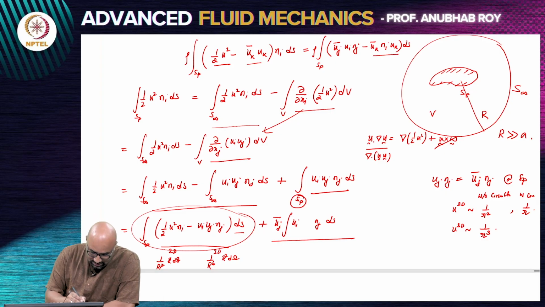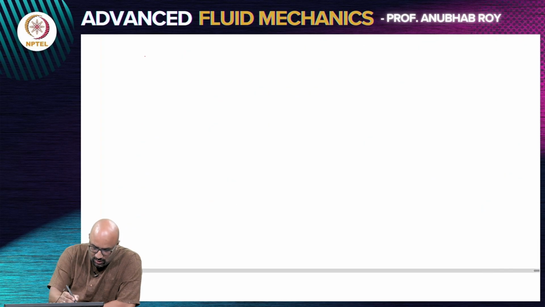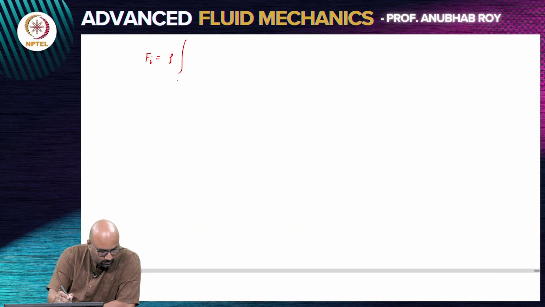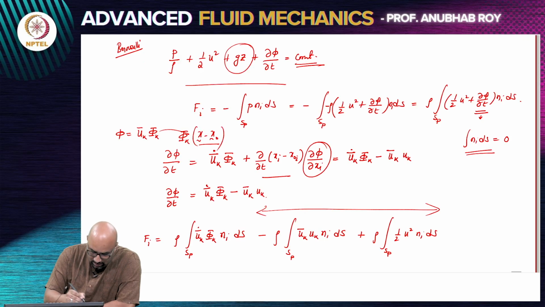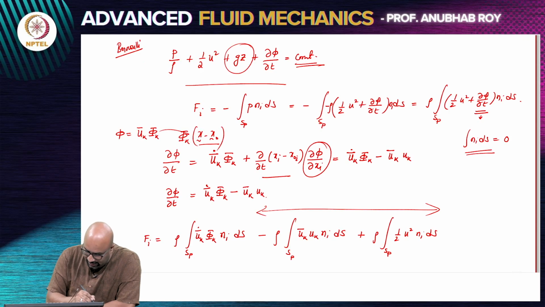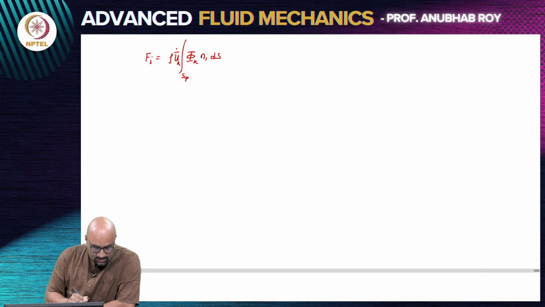Okay, so we are almost done with our exercise. We will write down now our force. So F_i is rho, I'll take the u outside, the term with φ_k n_i dS over the body surface.